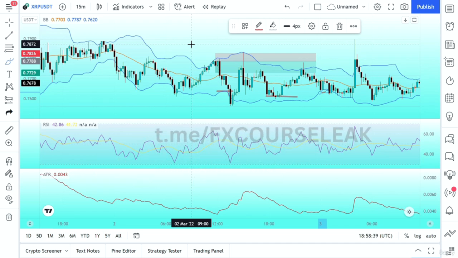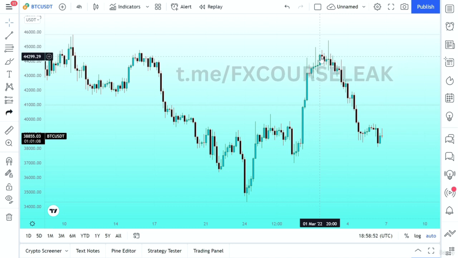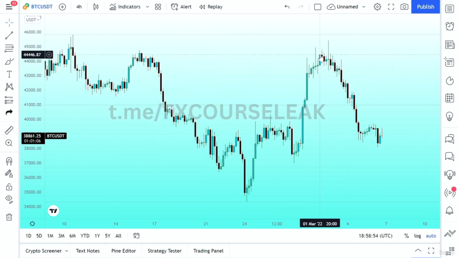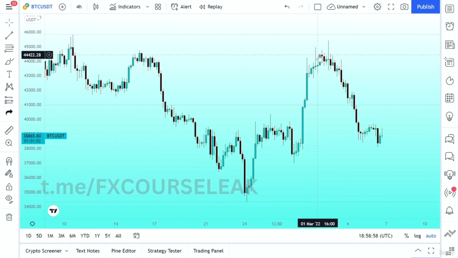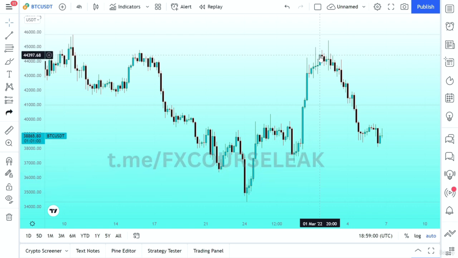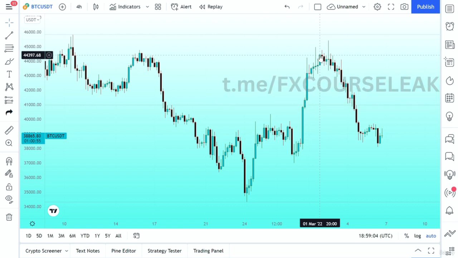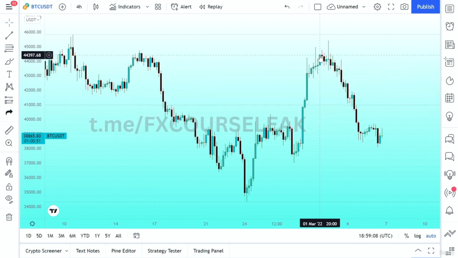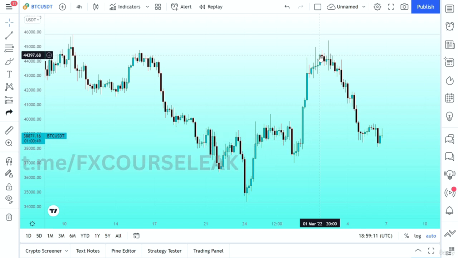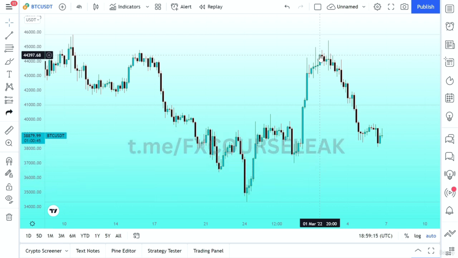Let me show you the example. Let's assume that the current price of BTC is this one. At this candle right now, the BTC price is at this level. I will not long the market when the price of BTC is in a supply zone on a 4 hour or daily time frame, so I will not consider entering the trade.